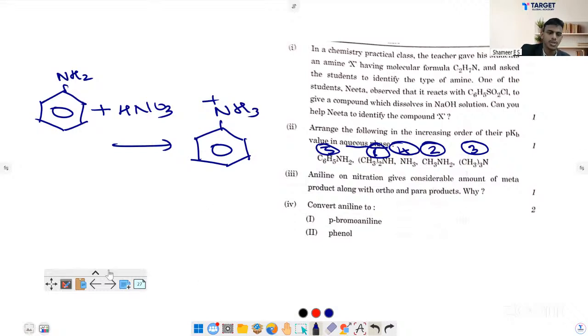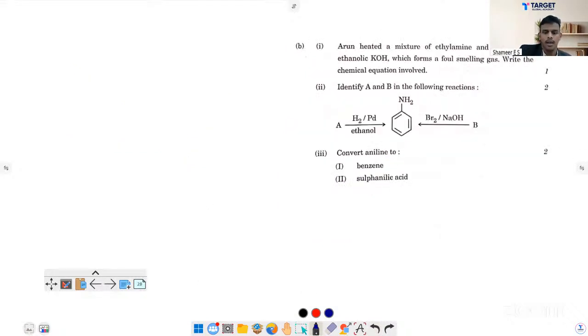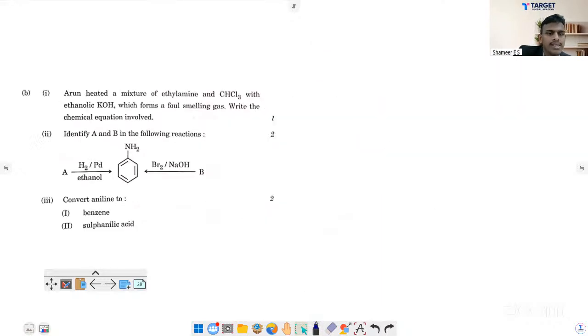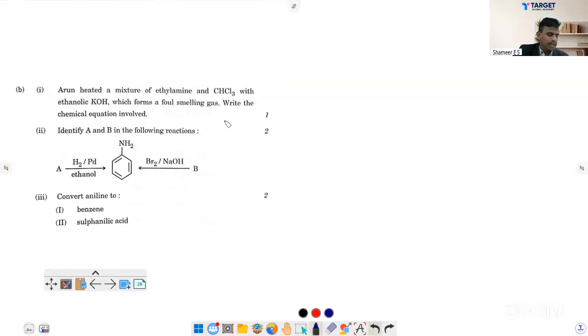Next. So one more question is there from set 1. Arun heated a mixture of ethylamine, CHCl3 and ethanolic KOH and found a foul smell. That is nothing but the carbylamine reaction, or isocyanide test. How is aniline formed by the reaction of H2, palladium in presence of ethanol?